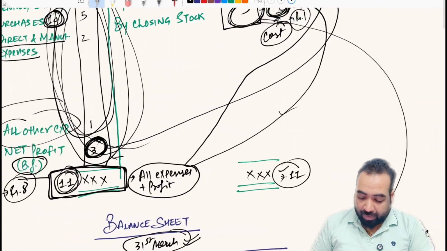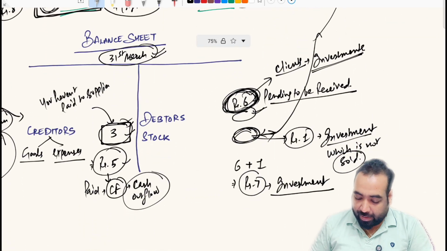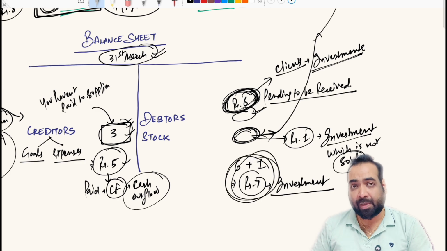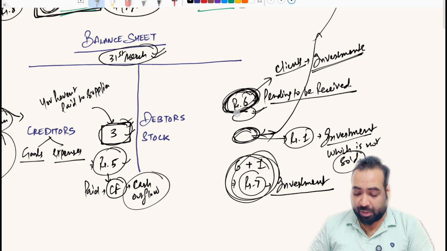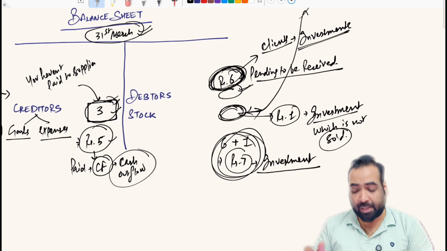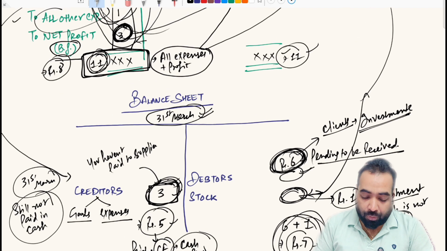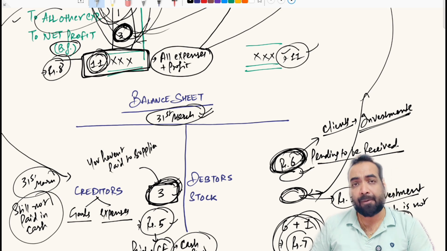So out of these 11 rupees, you are saying that 7 rupees are my investment. I have invested 7 rupees out of 11 rupees. You keep on saying that, but on the liability side, these 3 rupees represent that you haven't paid them to these suppliers as well.